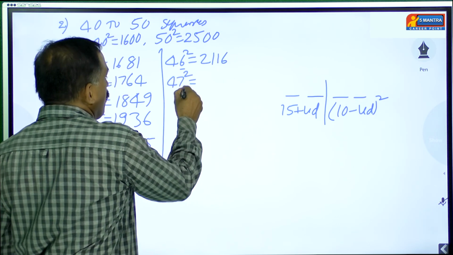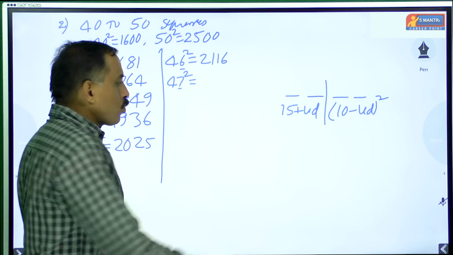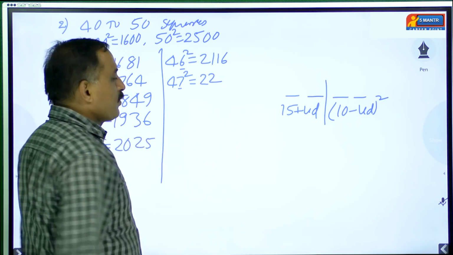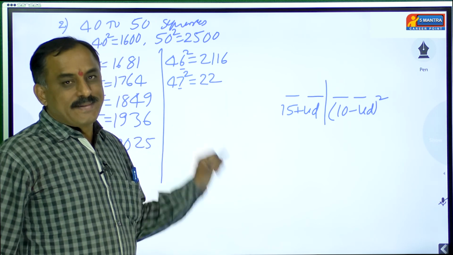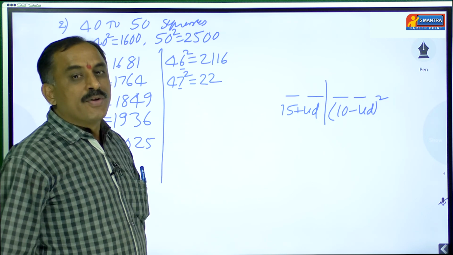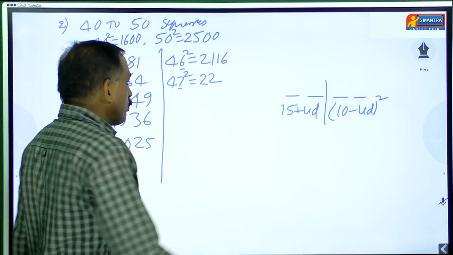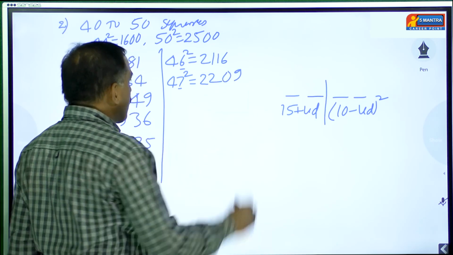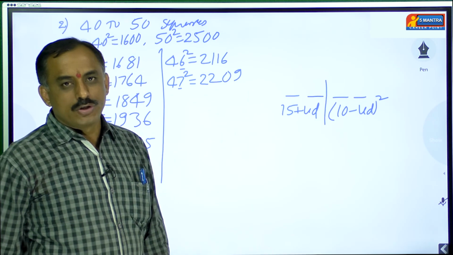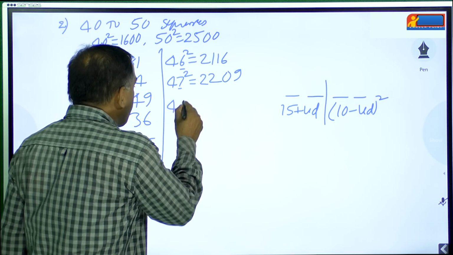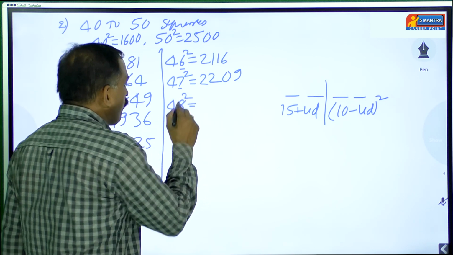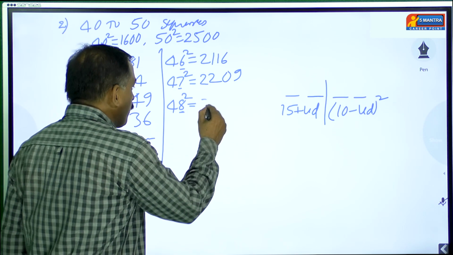47 square. 15 plus 7 is 22. Then 10 minus 7 is 3. 3 square is 9. But 9 is not a 2-digit number. So write 09. So 47 square is equal to 2209. 48 square. 15 plus 8 is 23.